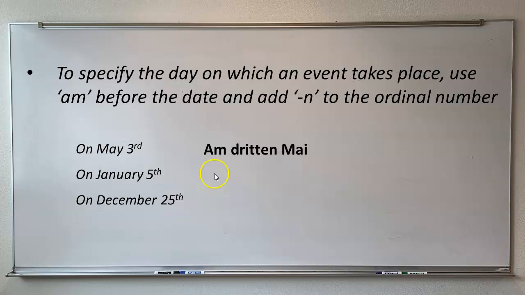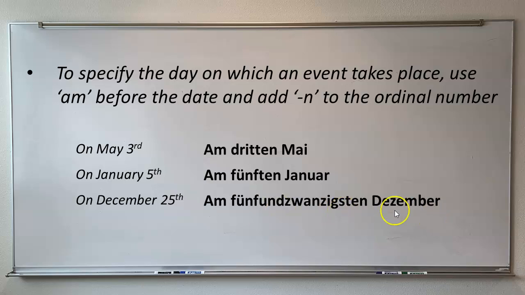Add your N, 5. And then Januar. Am 5. Januar. On December 25th, am 25. Add your N, don't forget that. And then December. Am 25. Dezember. And there you have it.